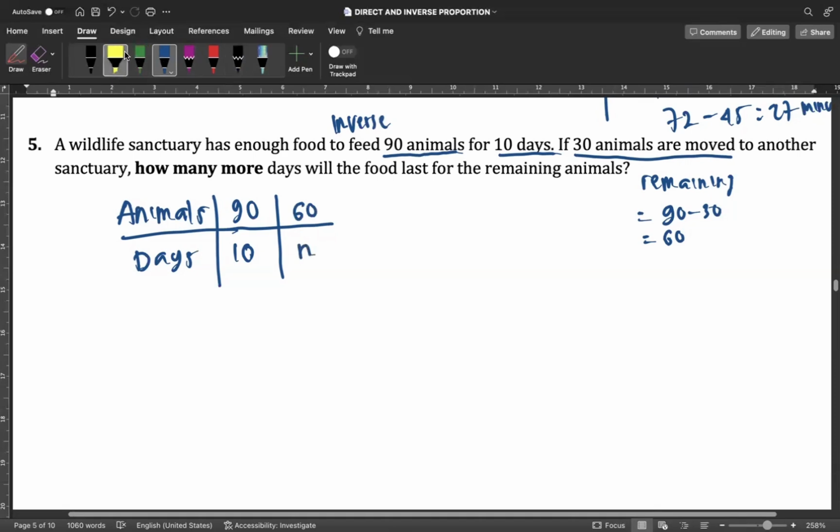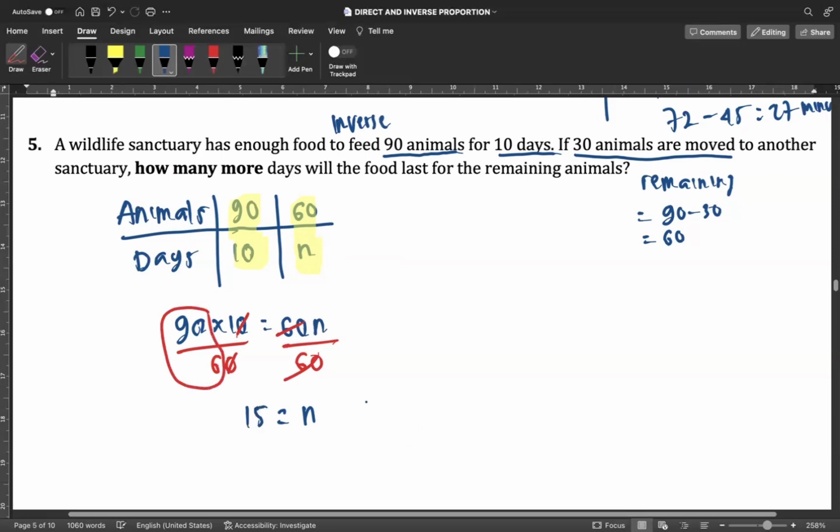So x1 times y1 equals x2 times y2. 90 times 10 equals 60 times n, and using the balancing method, we divide both sides by 60. n equals 15.